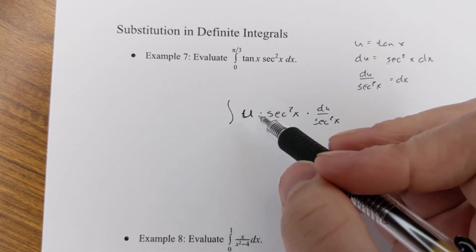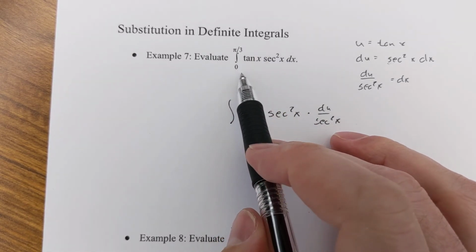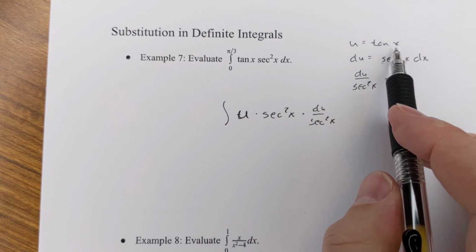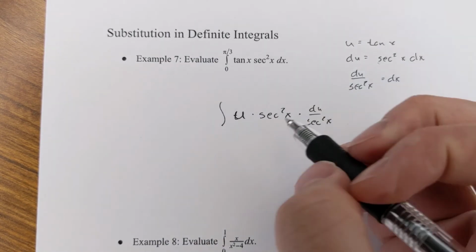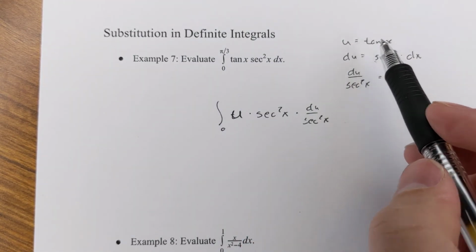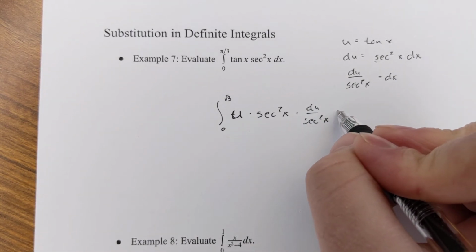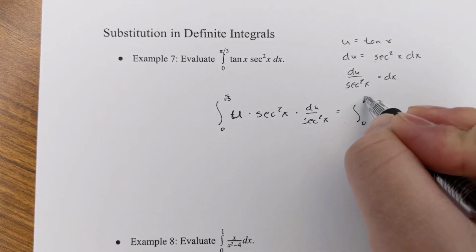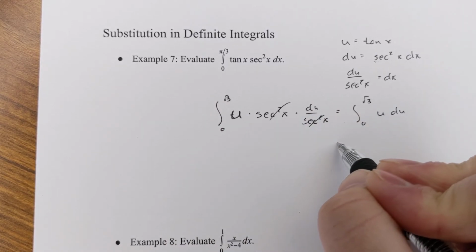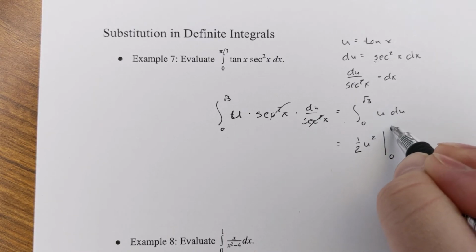Now if you notice I left the bounds off, and that's because if I change my variable, I have to change my bounds. These are in terms of x. I need them in terms of u. So if x is 0, to figure out what the lower bound is, I plug 0 in for x. So u is equal to tangent of 0, which is 0. At pi over 3, the tangent of pi over 3 is root 3. So these are my new bounds. So this becomes from 0 to root 3, secant squareds cancel, of u du, which is 1/2 u squared, evaluated from 0 to root 3.